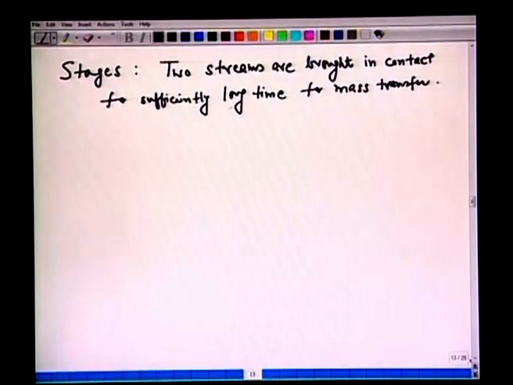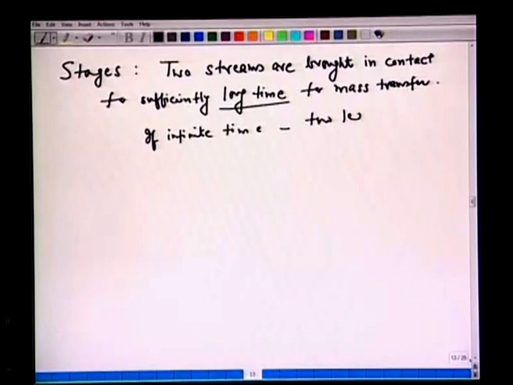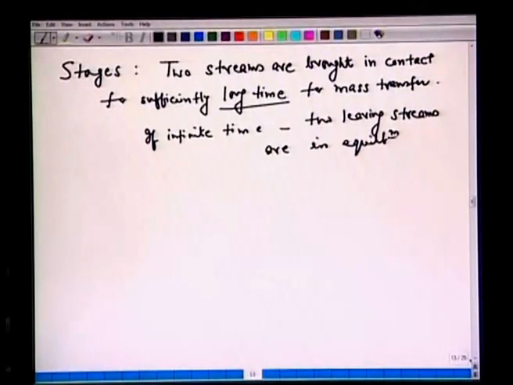Theoretically, if we give infinite time, then we can say that the two leaving streams are in equilibrium, and we will call this an equilibrium stage or theoretical stage or ideal stage.